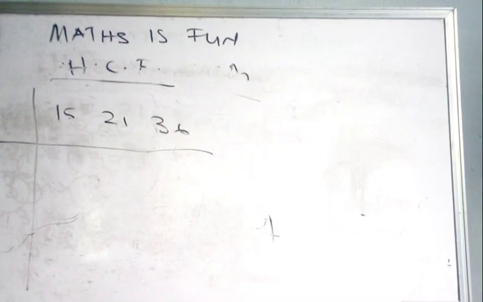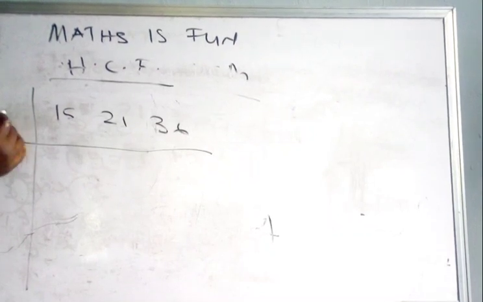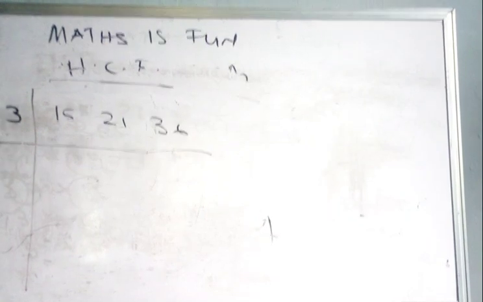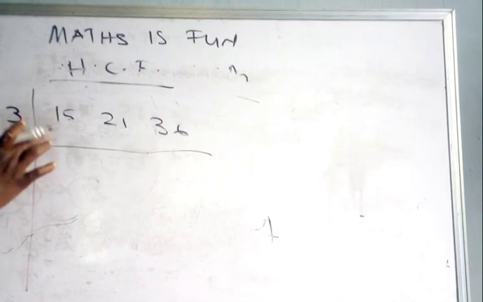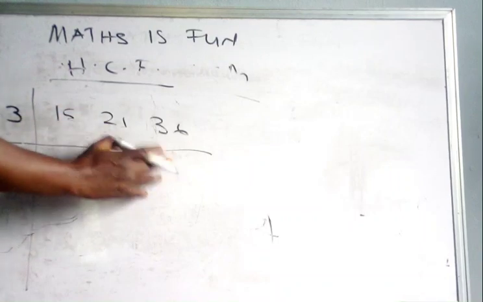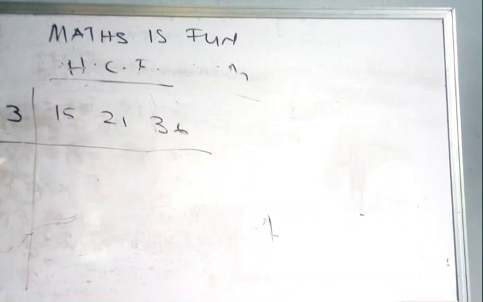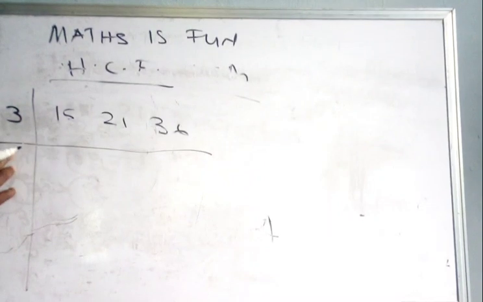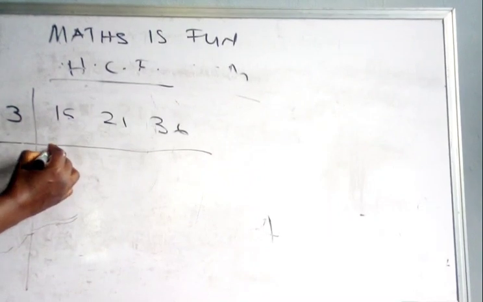Let's try a second prime number, and that will be 3. Can 3 divide 15? Yes. Can 3 divide 21? Yes. And can 3 divide 36? Yes. So let's try 3. 15 divided by 3 will give us 5.